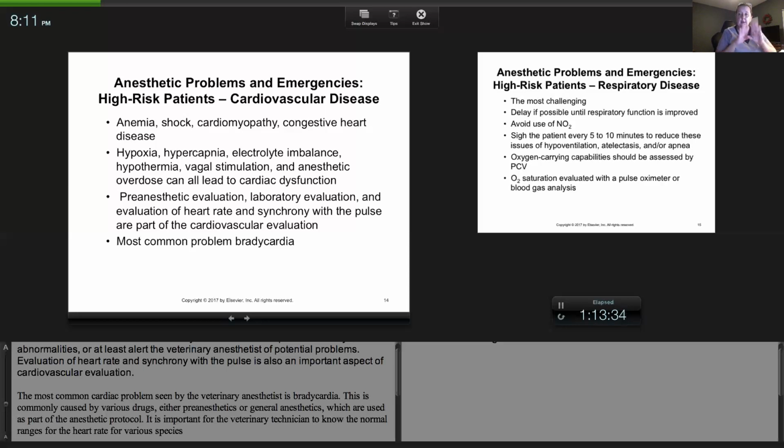Your heart rate is always going to be slower when they're anesthetized than when they're awake. I'm going to give you an example. A lot of times I anesthetize a dog, their heart rate goes up because they're excited. As I start prepping them in the prep room and clipping them, their heart rate goes to 120, maybe 91 to 87.